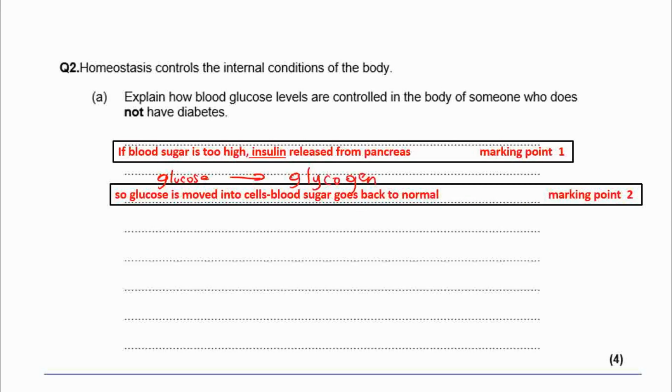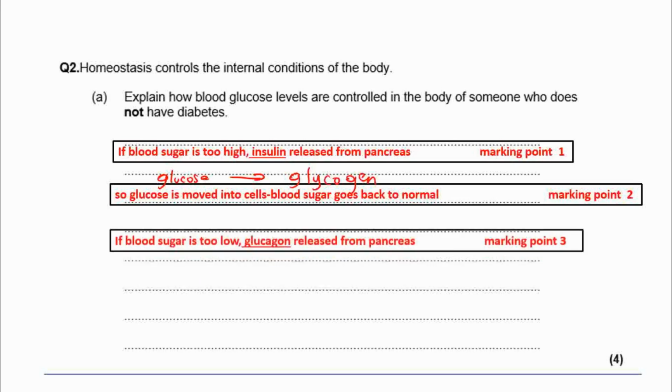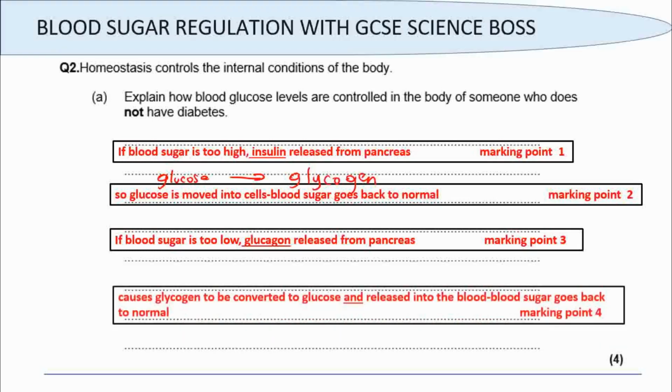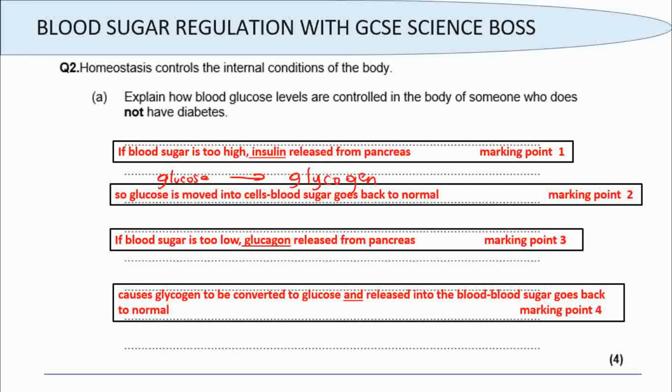That would be your second marking point, which means your blood sugar goes back to being normal. Your third marking point comes from the fact that if your blood sugar is too low, a hormone called glucagon is released from the pancreas. Glucagon will cause the glycogen to be converted into glucose and released into the blood. Therefore your blood sugar will go back to normal, and that's your marking point number 4.